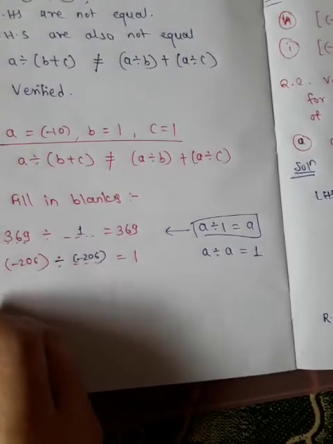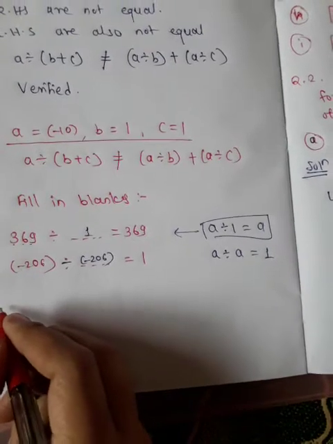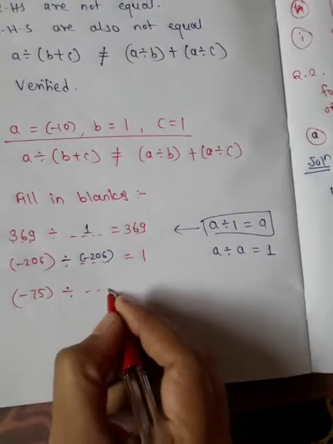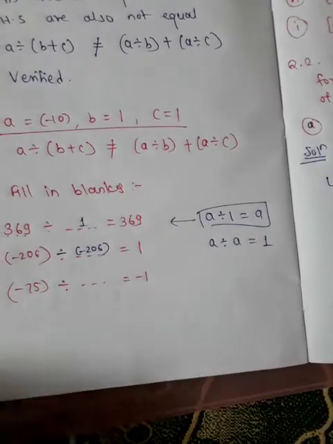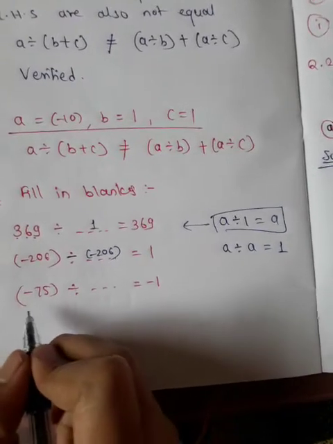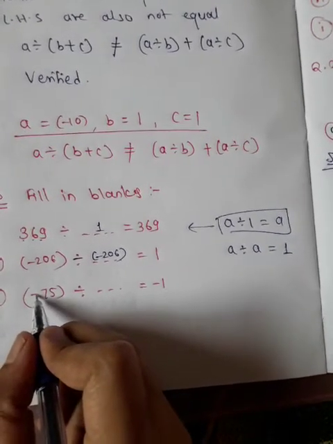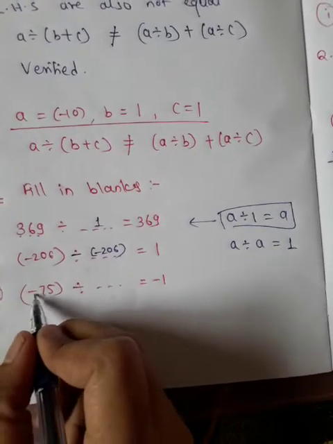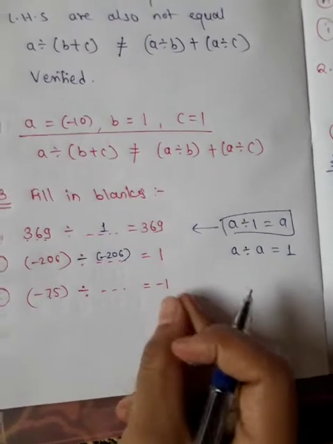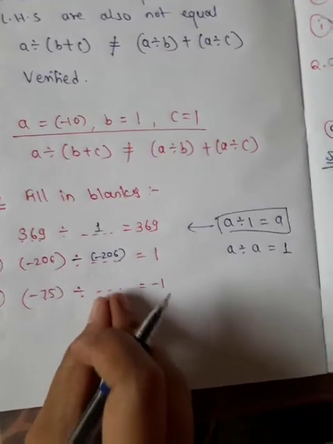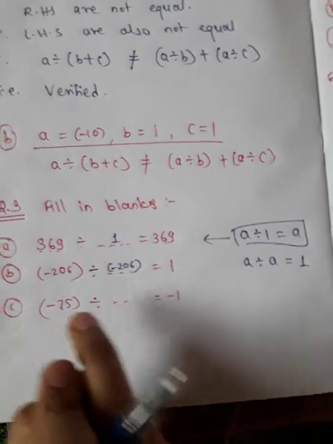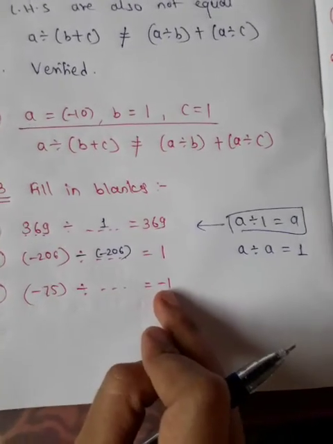So number C is minus 75 divided by dot dot dot gives minus 1. So here a negative integer is given, minus 75, and the quotient is also a negative integer. Meaning we have to divide here by a positive integer, because you know that when we divide a negative integer by a positive one, it gives a negative integer.